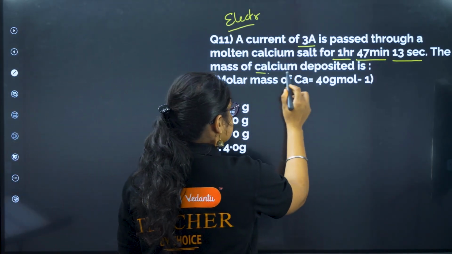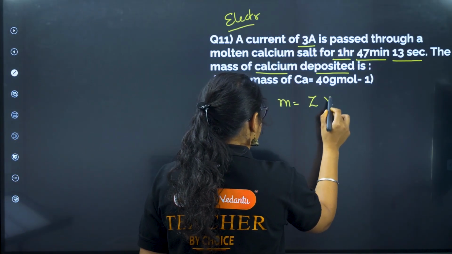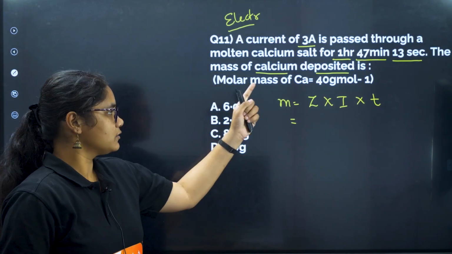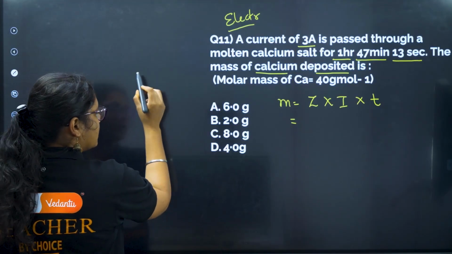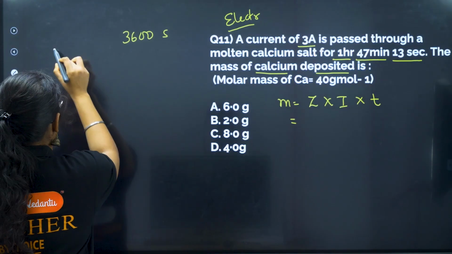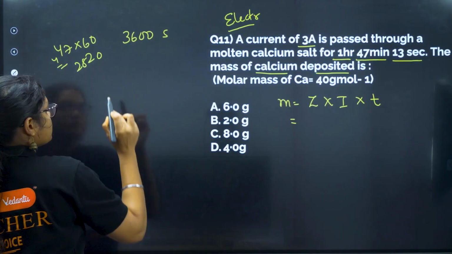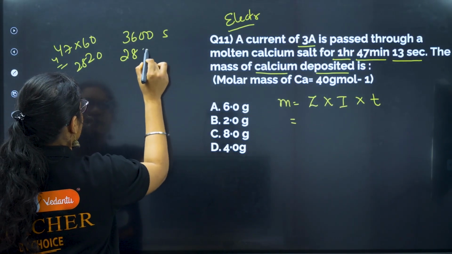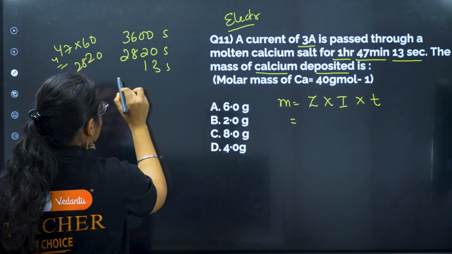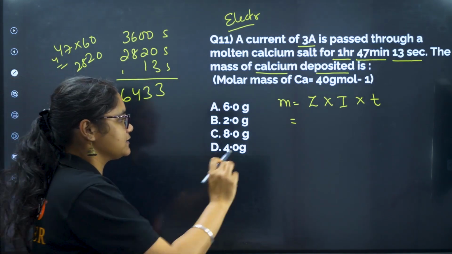The mass of calcium deposited is... so we have to use Faraday's first law, that is M is equal to Z into I into T. The only thing that you have to calculate correctly is your time. 1 hour is 3600 seconds, and then 47 minutes, 47 into 60, that is 2820 seconds, then plus this 13 seconds. So in total, we have 6433 seconds. That is the time here.